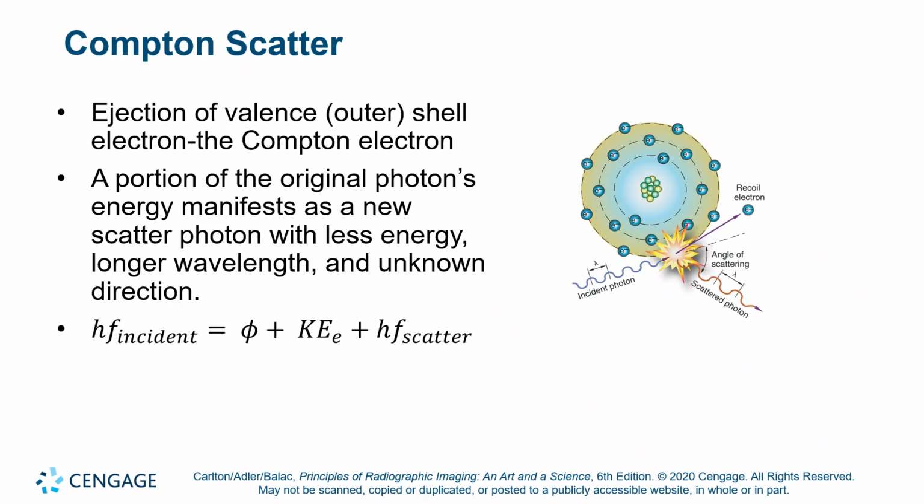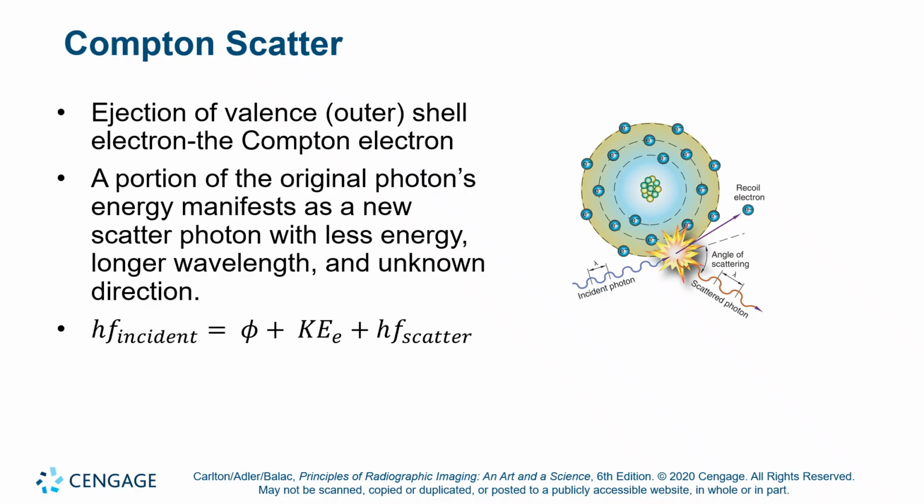Compton scatter is very nearly the same as the photoelectric effect. There is the conservation of energy equation. So the photon that comes in pays for the binding energy of the electron, delivers the kinetic energy to the Compton electron, or in this case, in that illustration, the recoil electron.